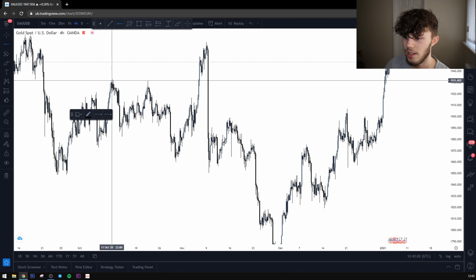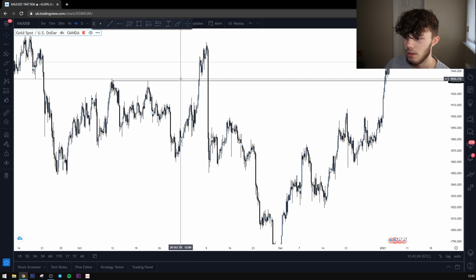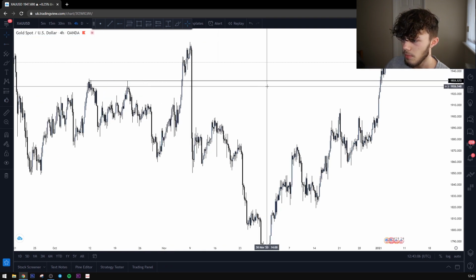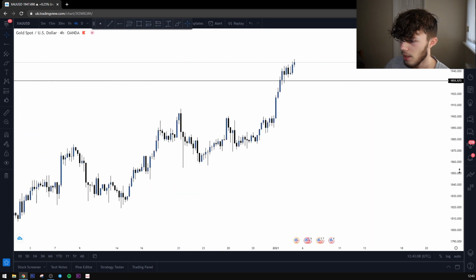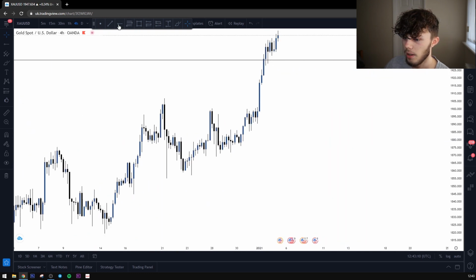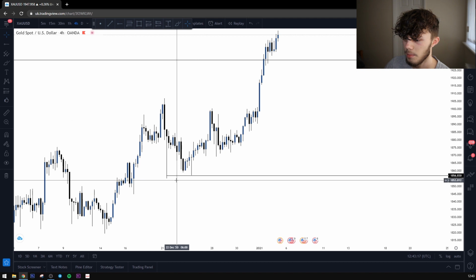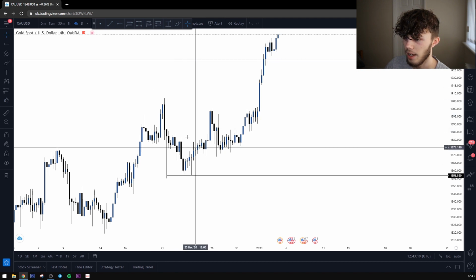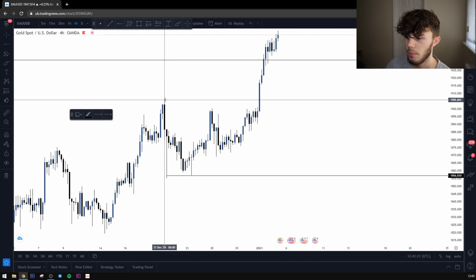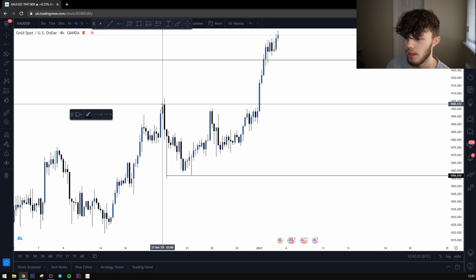So we have this area here where we can look for support and resistance, and if we zoom in a bit on the 4 hour, we like to mark out these lows and areas like this as well. We have this area down here which we could mark as a support, and we have this area up here as well.